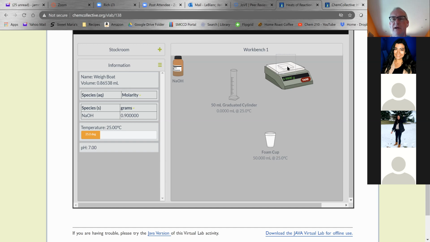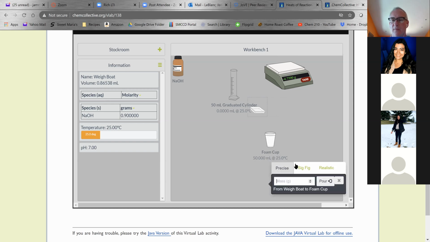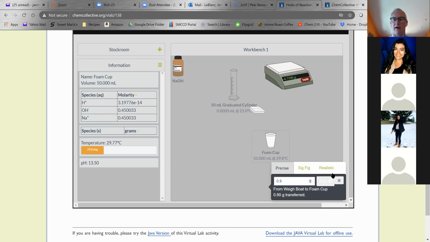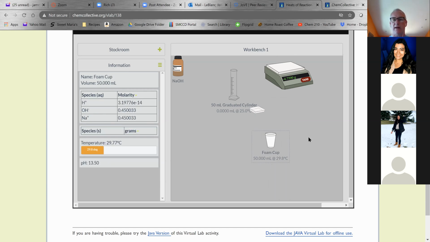So I take my sodium hydroxide and I add it to my foam cup. Just put it in there. And I just say, now put my 0.9 grams in. All right, now when I click on the foam cup, look what's happened to the temperature.